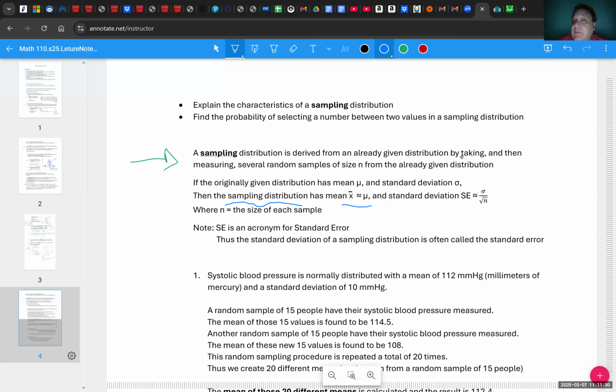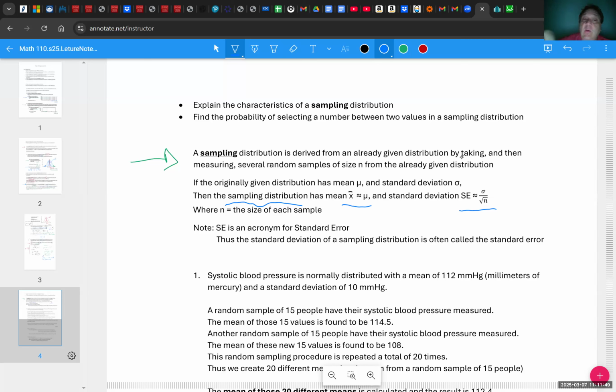The standard deviation will be different. The standard deviation is represented by this SE. And so the standard deviation of the sampling distribution is going to be given by this formula, sigma, which is the standard deviation of the original distribution, divided by the square root of n.